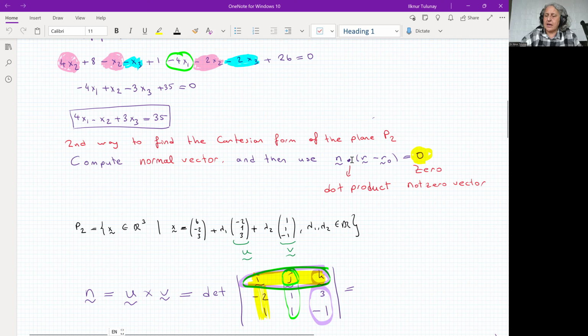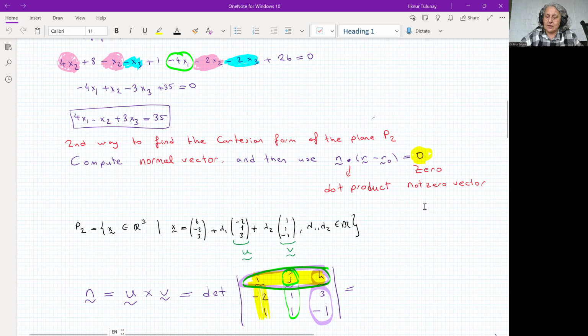Since we have a dot product here, the dot product gives us a number. So we require this to be 0, not the zero vector. This is very important. Be careful what you're writing. The dot product gives you a number, not a vector. If you write vector notation here, it is incorrect.